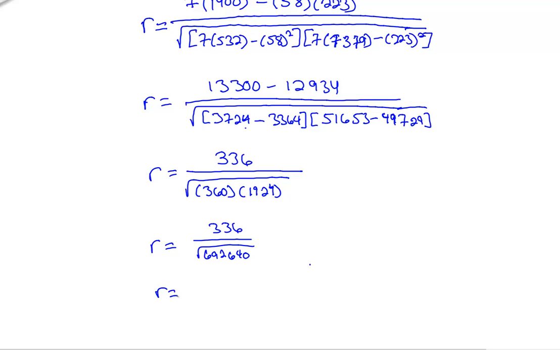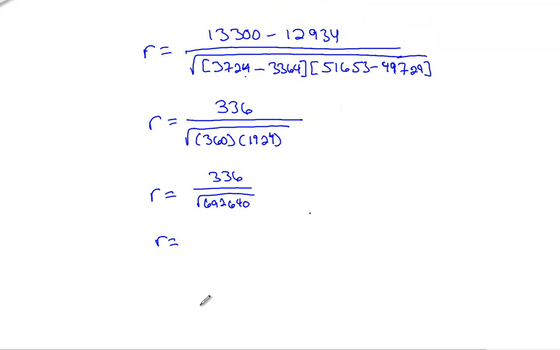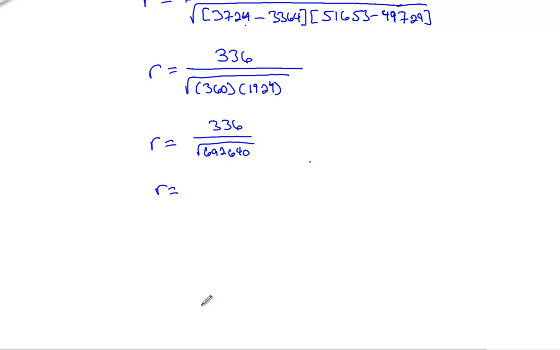Then I'm going to take the square root of that, and that is going to give me 832.96. Because remember, I want to round this to 3 decimal places, so I want to keep at least 2 extra decimal places in the meantime.